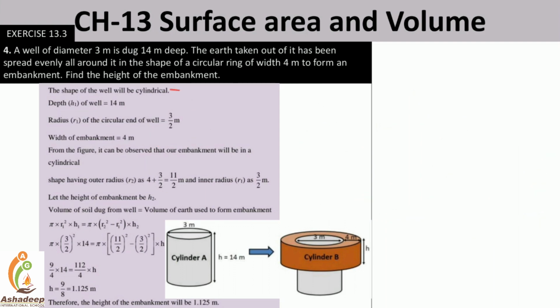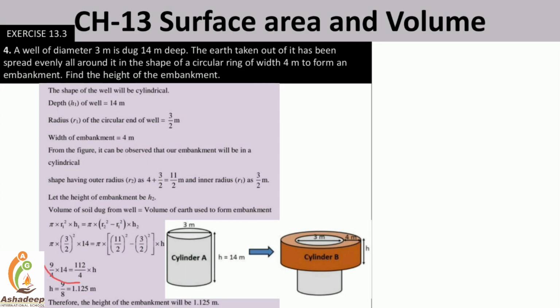11 by 2 is equal to 5.5. Okay, so those values are found, and as I already explained, we just put the values over here. So 3 square is 9, 2 square is 4, so it's 9 by 4, times 14. Pi and pi are cut. So here 11 upon 2 minus 3 upon 2, the total answer is 112 by 4.